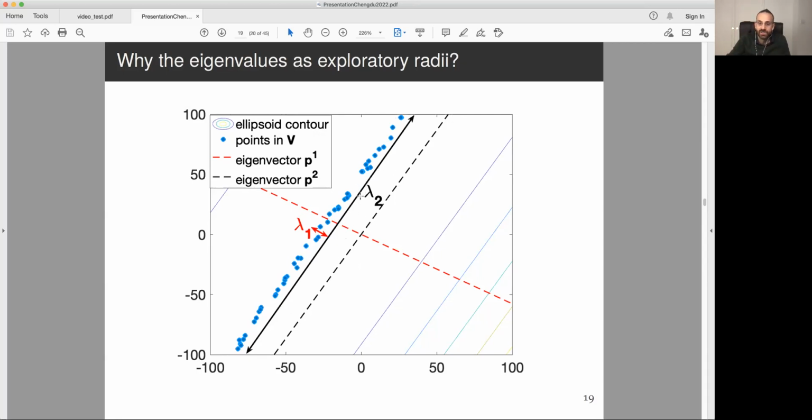Lambda 2, which is the eigenvalue related to direction p2, is big, and it means that this distribution is wide. And this lambda 1 means this other distribution, so it means how the points are distributed according to the other coordinates. You may see that along this direction that is long, we get this big eigenvalue. And in this direction, where the distribution is small, we have a small eigenvalue.